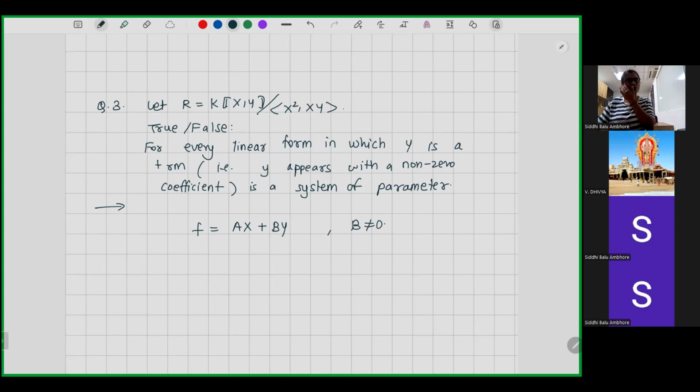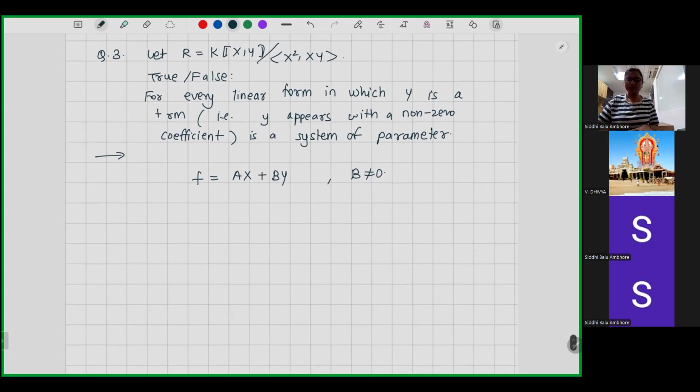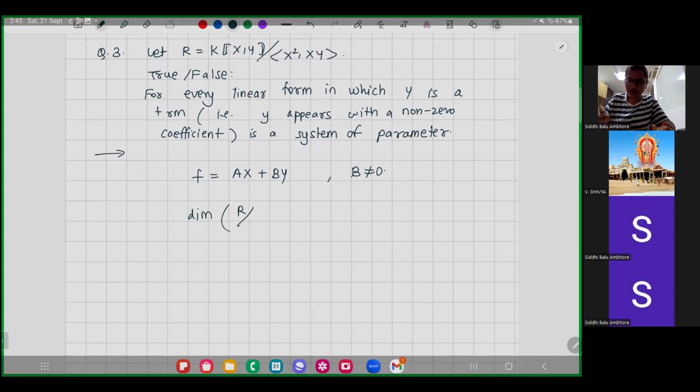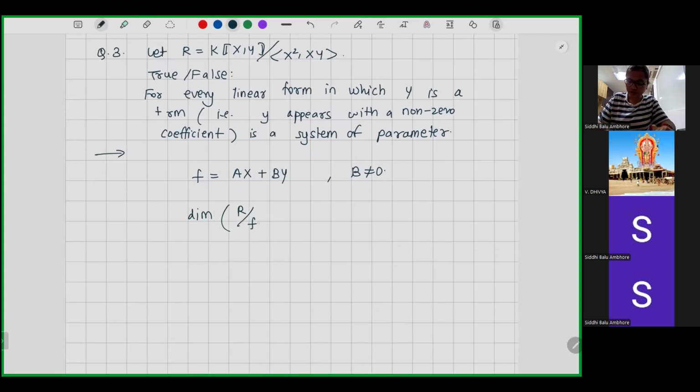Any doubts here? I mean, what the question is? So this f is forming a system of parameters. That's what we have to check. First we see the dimension: we have to check whether the dimension of R quotiented by f is 0 or not. We saw that if something is a system of parameters, when we quotient by those elements, the dimension becomes 0.